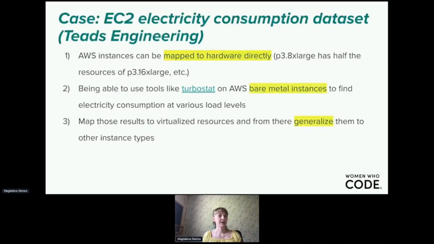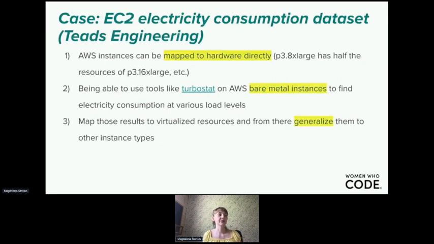The way that they got to these results was that they started looking at AWS instances and concluded that, according to AWS documentation, each instance can be directly mapped to dedicated hardware. This was true for all instances except for the T instance family, because that family has a burstability aspect in it. So for example, a machine P3 8x large has exactly half of the resources of P3 16x large.